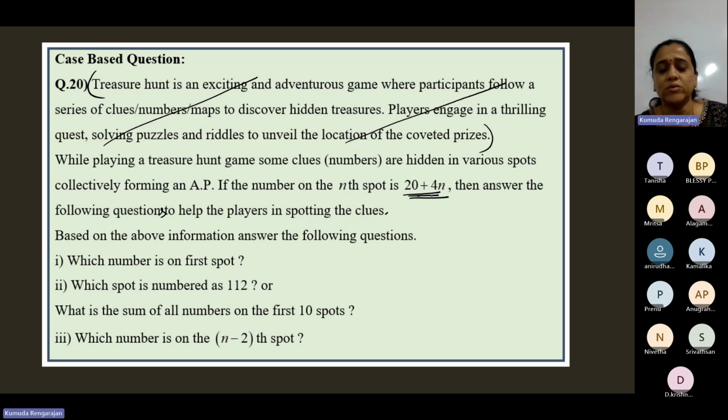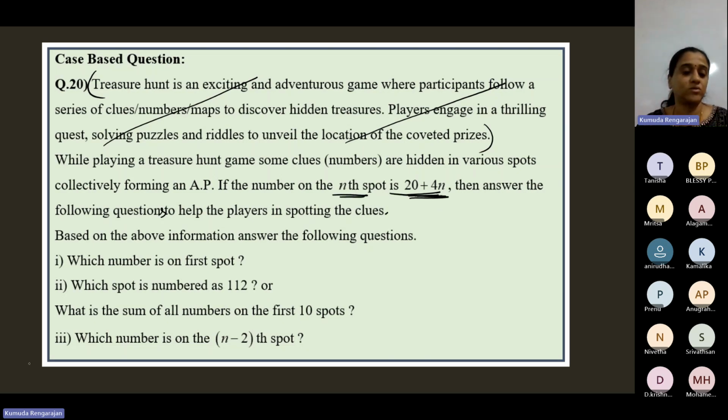This is important, children. When you read the case study, identify what matters to you and don't try to understand the rest of it. What matters to you is that the nth spot is 20 plus 4n. That's all. Answer the questions.